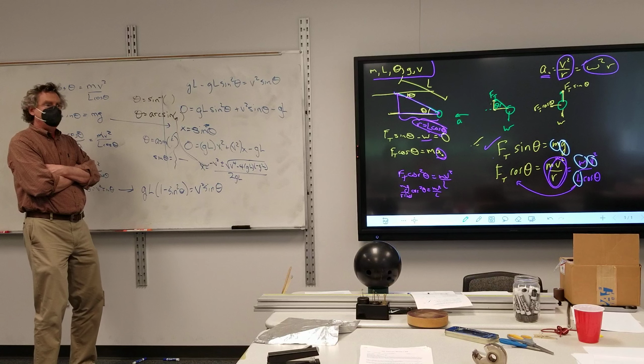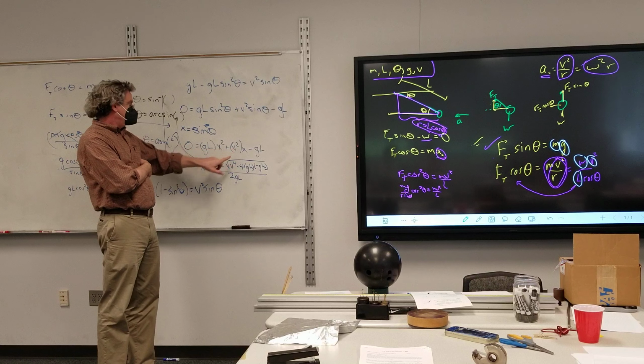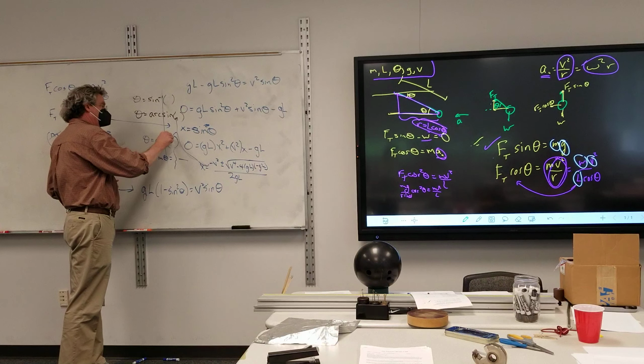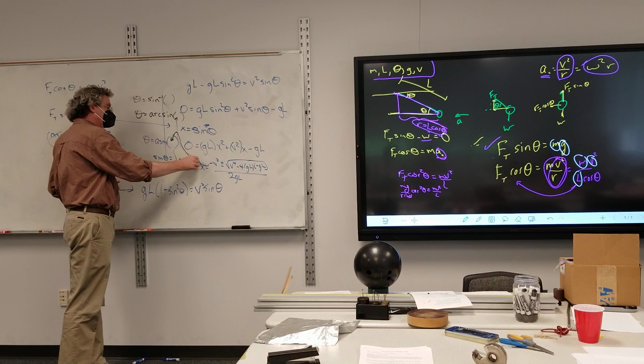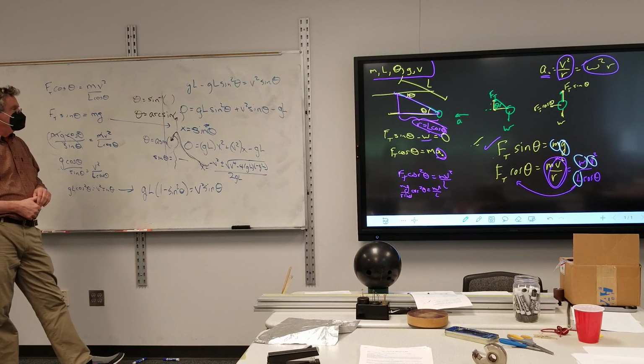Is that a squared in between the parentheses? The squared in here? No, in the arc sine. No, that's the head of the arrow. Okay. And then what is the sine theta below it for?